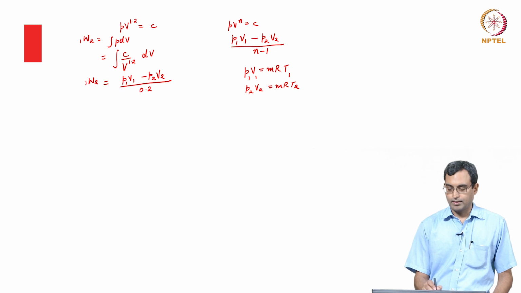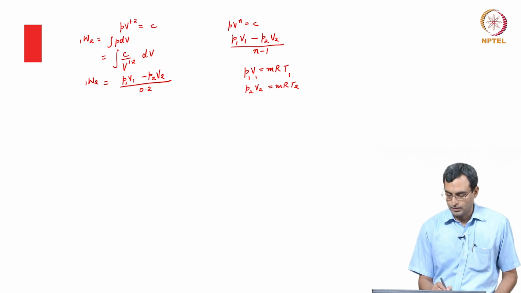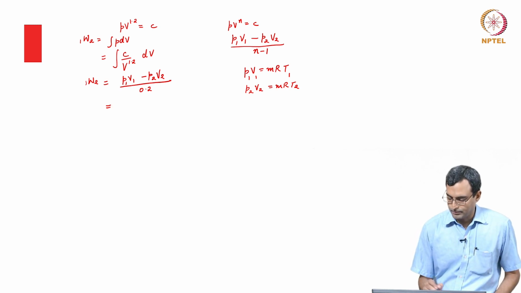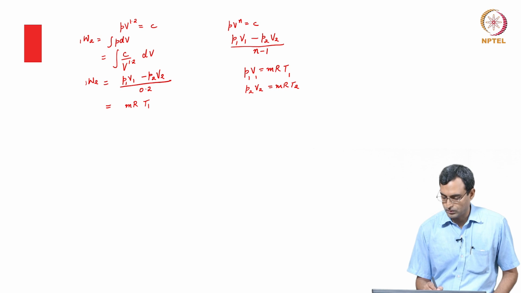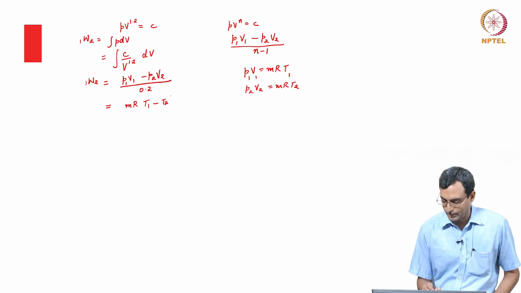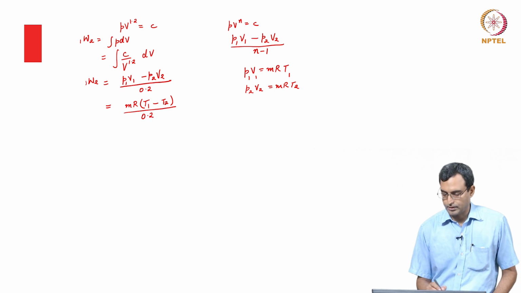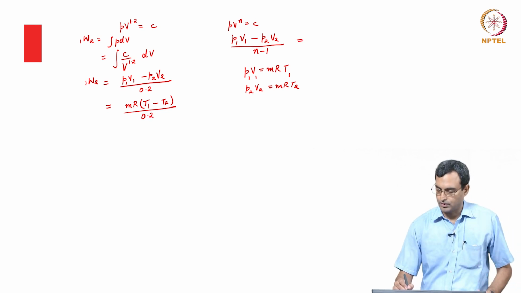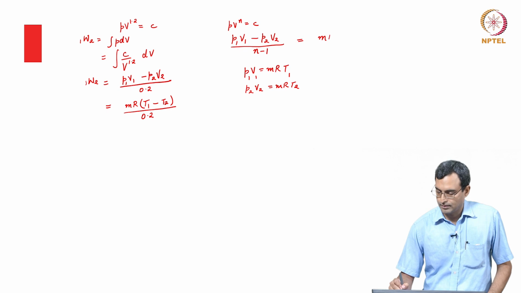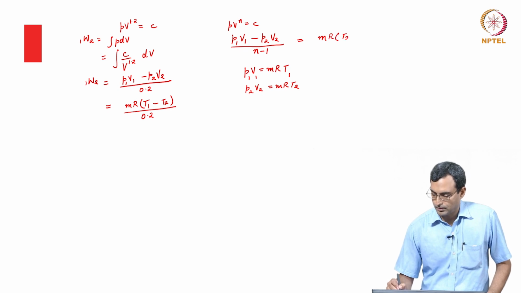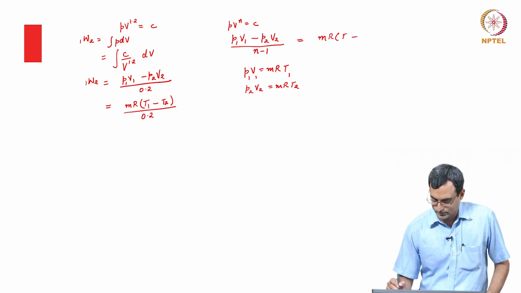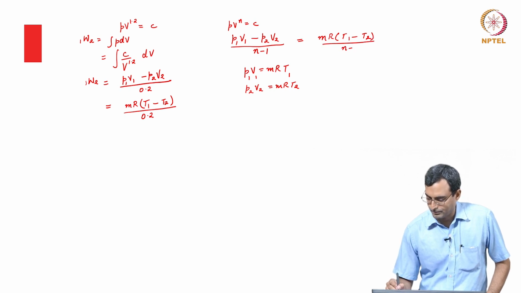So, what I can also do is, instead of writing this in this form, I can write this as mRT1 minus P2V2 is mRT2. I can take out mR constant. So, essentially I have this is equal to, for an ideal gas, mR into (T1 minus T2) by (n minus 1).